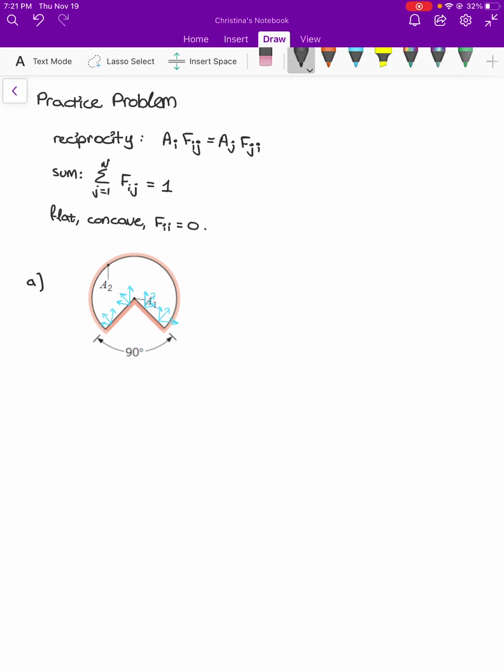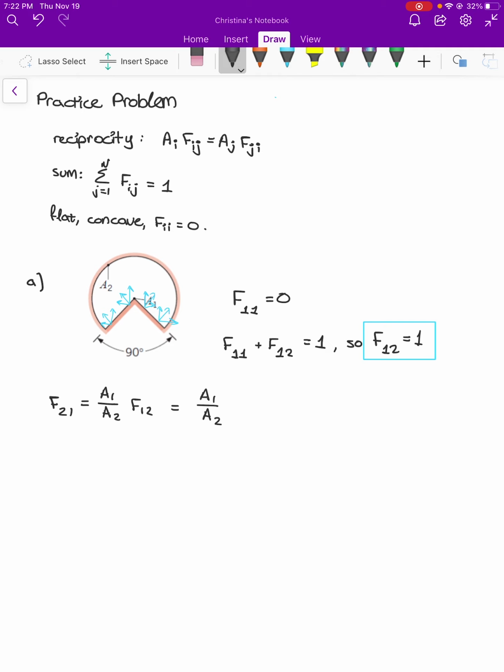From the addition rule, F11 plus F12 is equal to 1, so then F12 is equal to 1. Now we use the reciprocity rule in order to find that F21 has to be equal to A1 divided by A2 times F12. We have to find what A1 and A2 are. We can use R for radius and L for the length of the duct to get that A1 is equal to 2RL and A2 is 3/4 times 2πRL. And so we have solved part A.